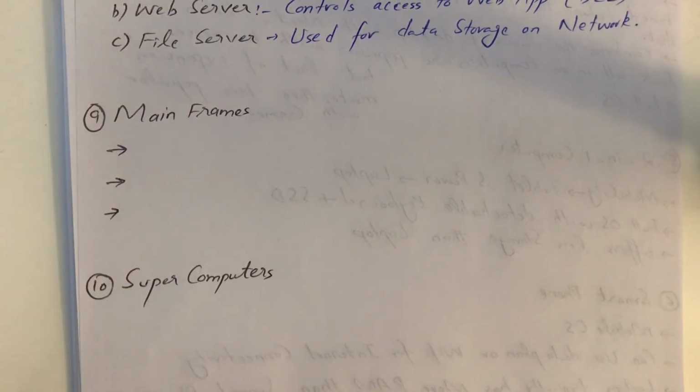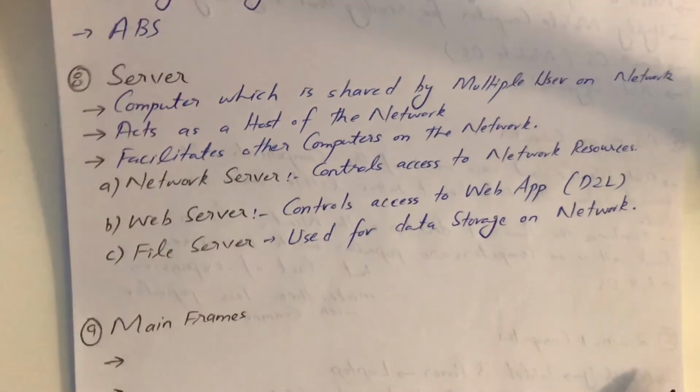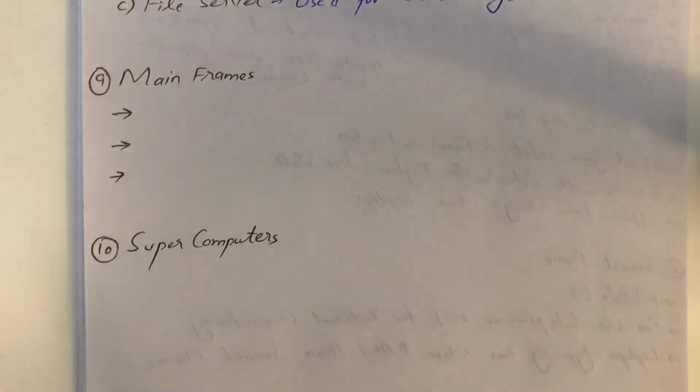But what about Facebook? A server can handle 500 to 1,000 queries per second. But if 1 million people simultaneously want to access a website, a server cannot handle that. In that case, you need a mainframe.